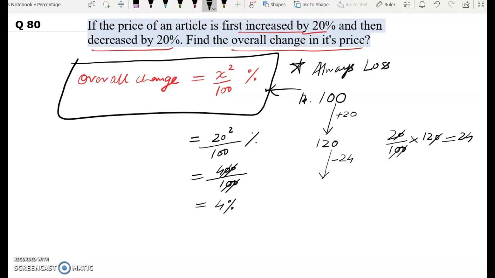Minus 24 rupees. So now the new price will be 96. Now you see here the original was 100, but after this increase and decrease, the price of the article is 96, so there is a loss. 100 minus 96 is 4. 4 upon original price is 100 into 100, so there is a loss of 4%.